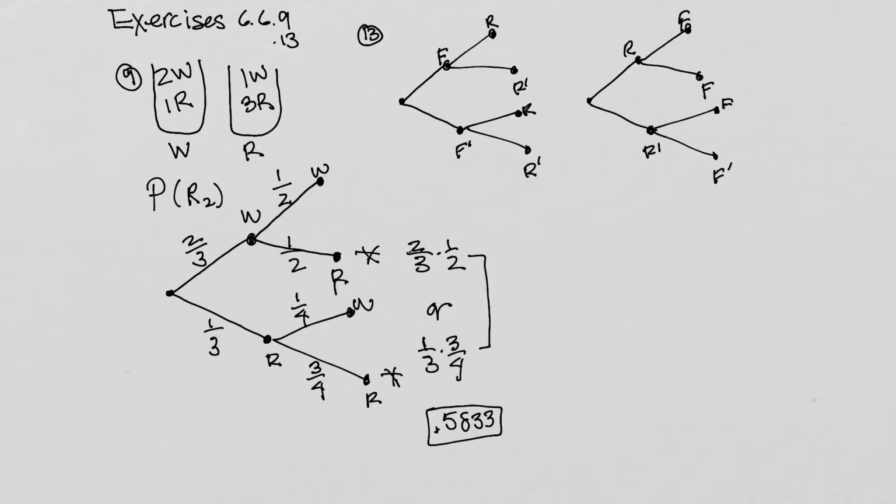So how do I know which tree is going to be right? Do I go with fiction first, non-fiction, and then replacements, or do I do replacements and then fiction, non-fiction? Here's how you're going to tell. One of them is going to give you numbers, the other one's not.